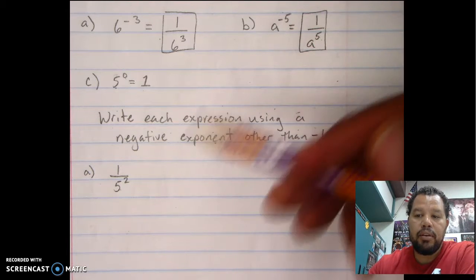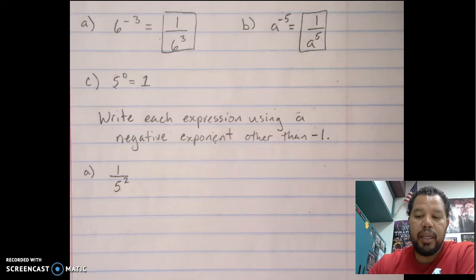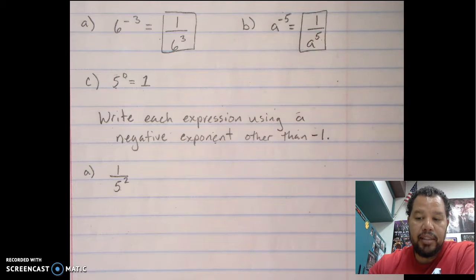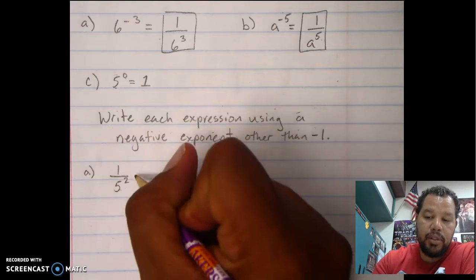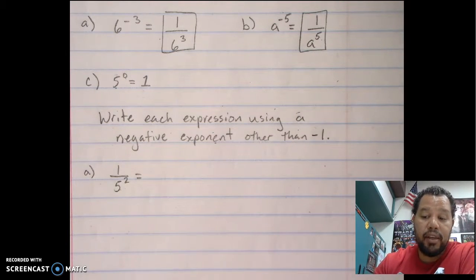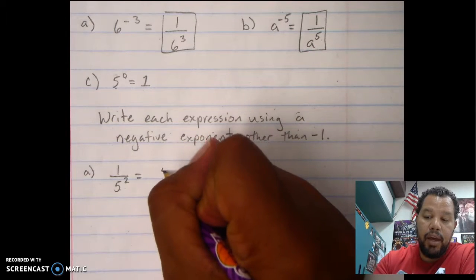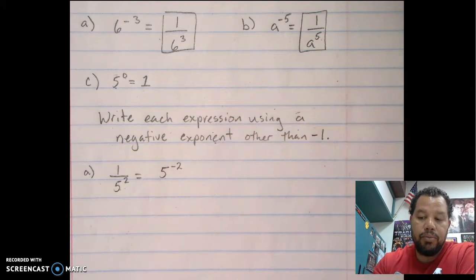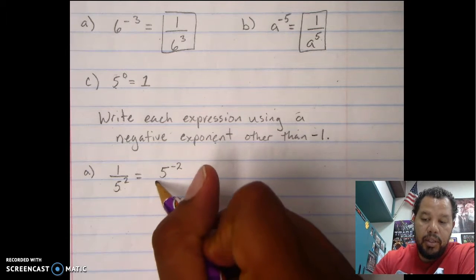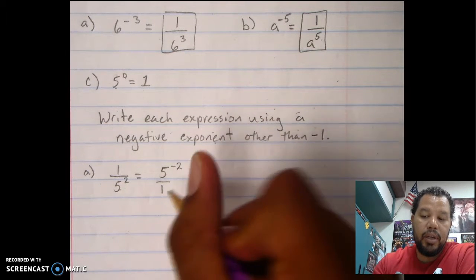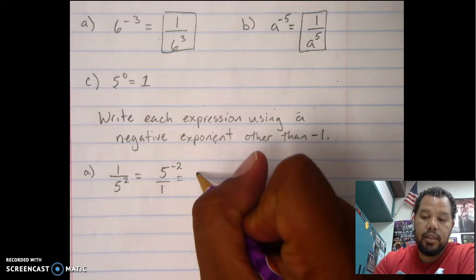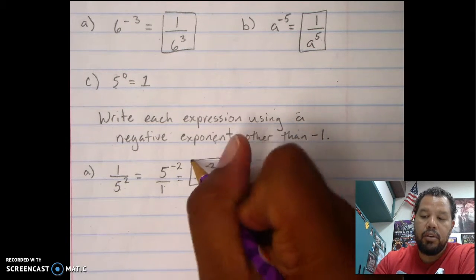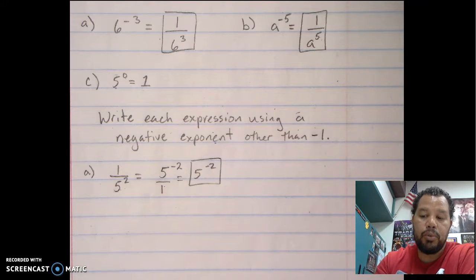Earlier we said we take the multiplicative inverse, or the reciprocal, to make it positive. Since it's already positive, we take the reciprocal again. So we put 5 on top with a -2. We don't need the 1, so this is the same thing as 5 to the -2 power. I just wanted to show it was the reciprocal.